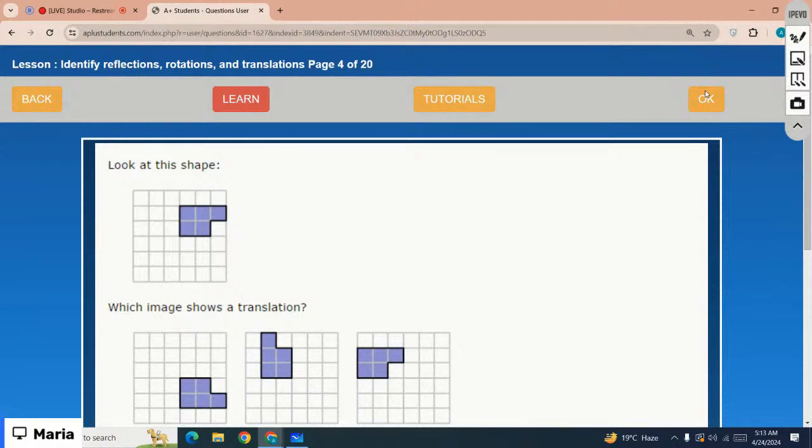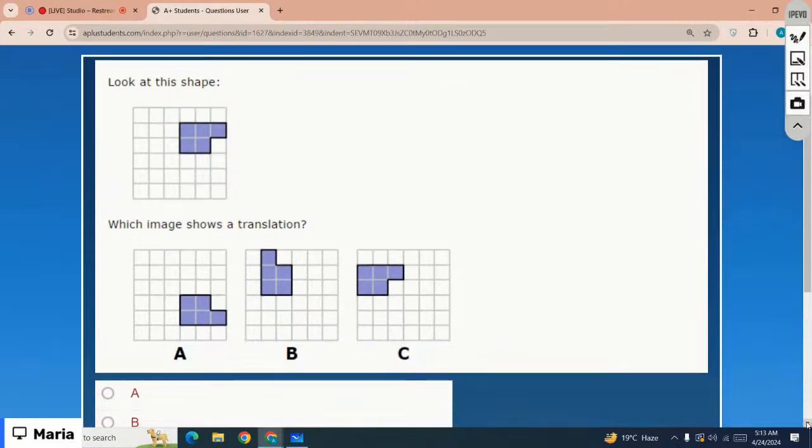Look at this shape. Which image shows a translation?